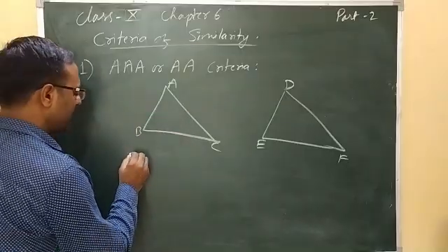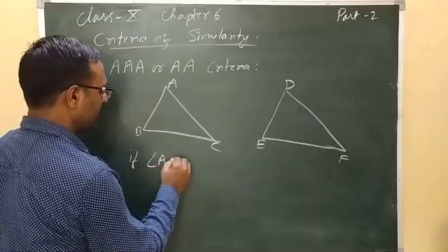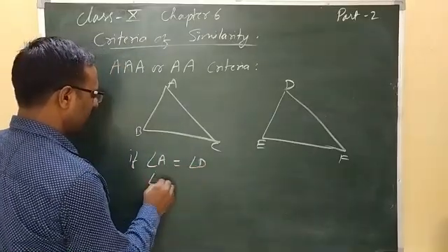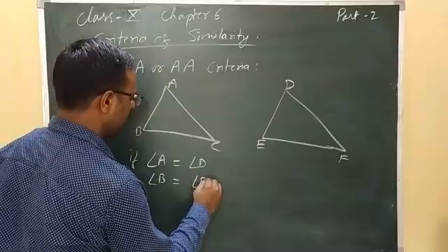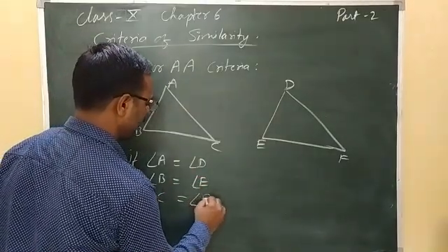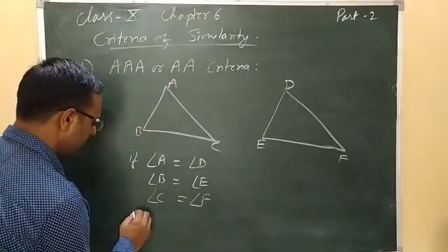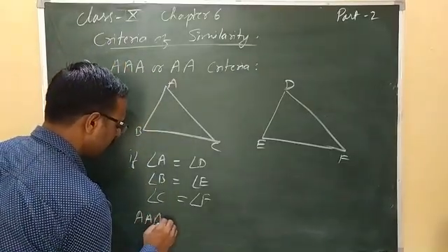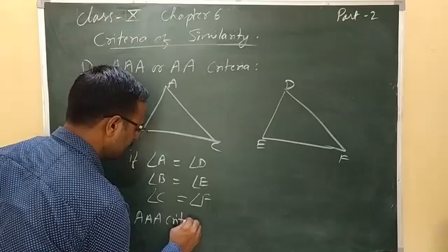That is, if angle A equal to angle D, angle B equal to angle E, and angle C equal to angle F, then this is called AAA criteria of similarity.